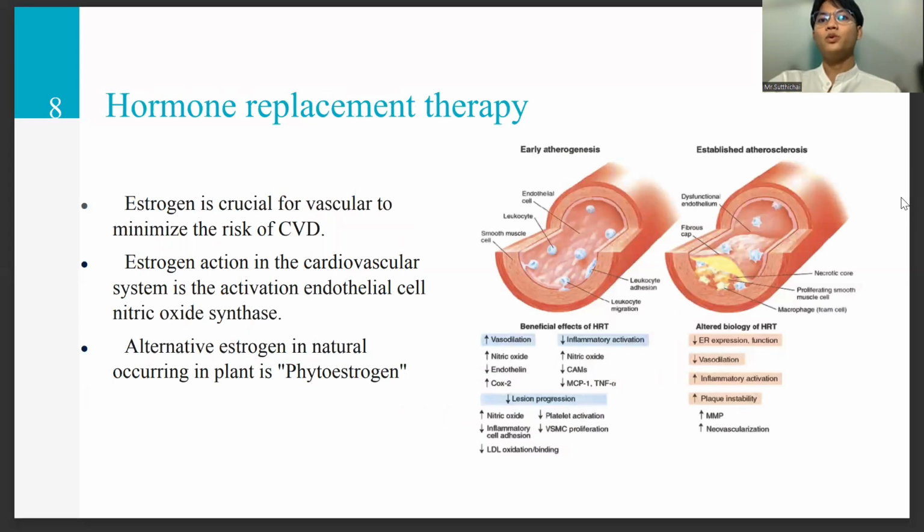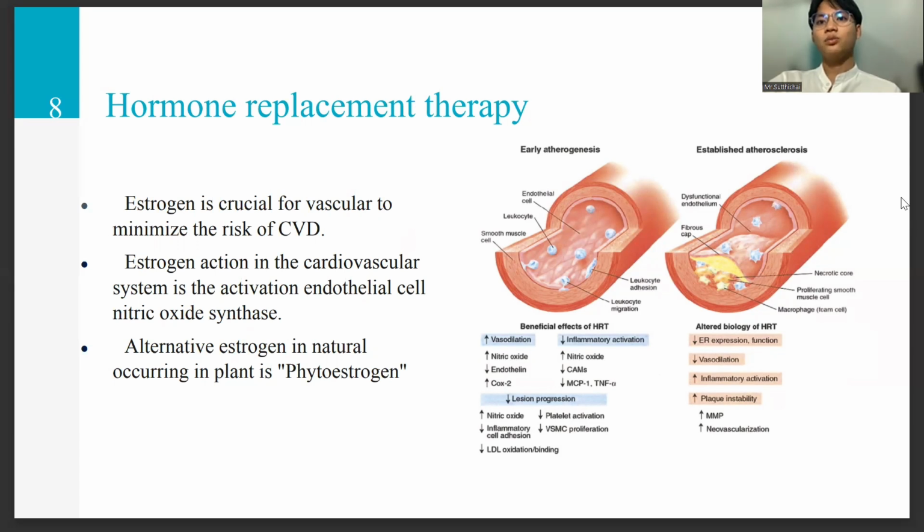Therefore, hormone replacement therapy, or HRT, containing estrogen will most likely be an effective treatment for menopausal women. Hormone replacement therapy is a treatment to relieve symptoms of menopause with replacement hormones that are at a lower level as you approach menopause.